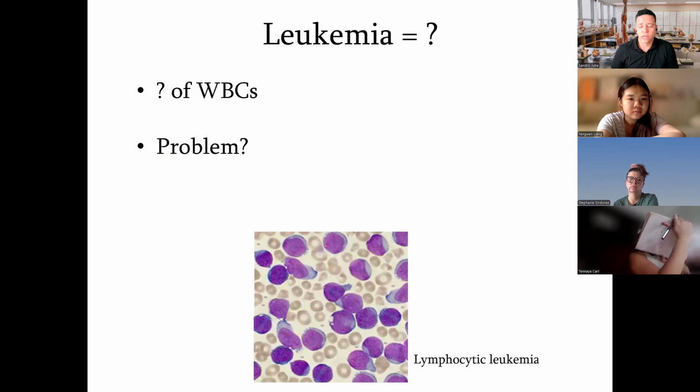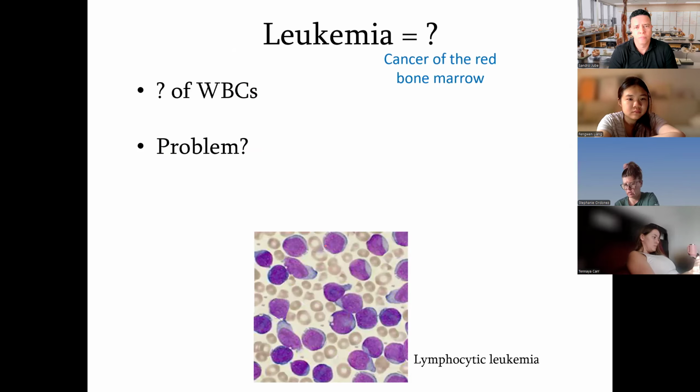Leukemia is a cancer of the red bone marrow, in which the cells of the red bone marrow become defective. Now, there are different types of leukemia depending on the type of white blood cell that is affected.